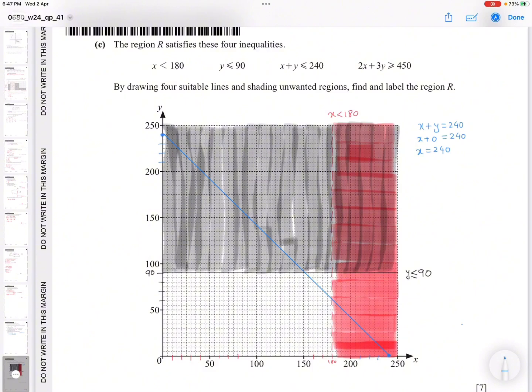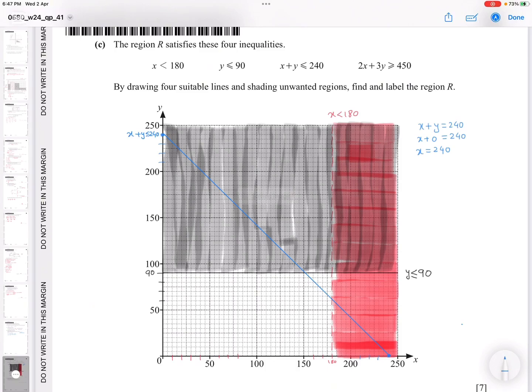Okay, let me write the inequality. x plus y is less than or equal to 240. Now I have to find the required region and the unwanted region. So you can make an angle with the x-axis on this blue line.